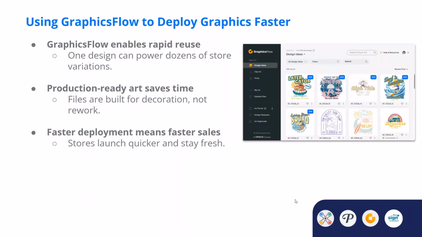The other aspect of a tool like GraphicsFlow is that the artwork is production ready. I'll let you guys in on a little secret. The specs in the GraphicsFlow artwork, how it's built and constructed, the instructions we give the graphic designers, how it's layered, the colors we choose, all came from our screen printing business.